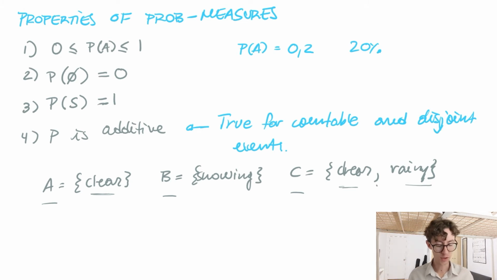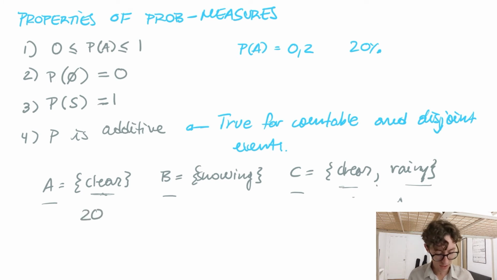You see, they share this possibility of it being clear, meaning that they are not fully separated from each other. So if I was to see what is the probability that I have either clear or rainy, that doesn't work, right? I can have the probability of it being either clear or snowy, but not the probability of it being clear or rainy. Do you understand what I mean? So what I mean by this fourth property, saying that P is additive, is, for example, I'll have all of these probabilities here.